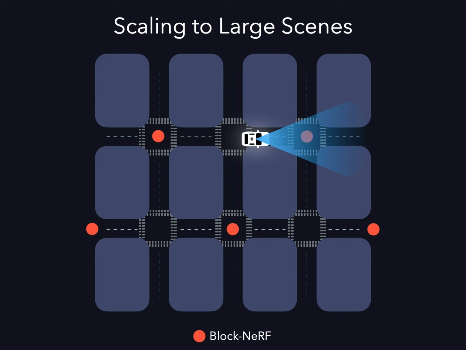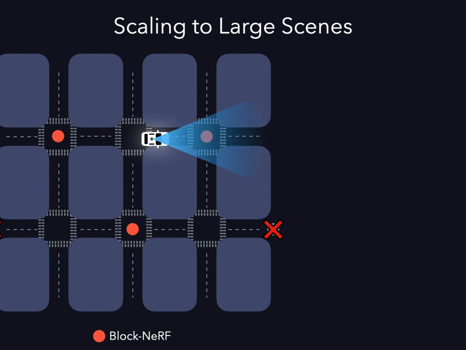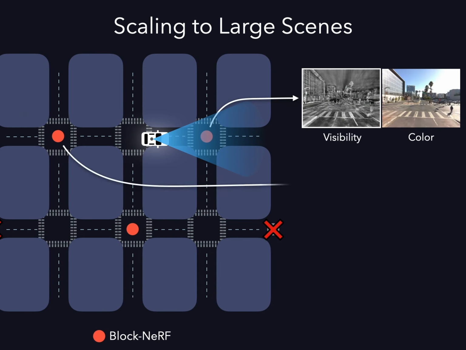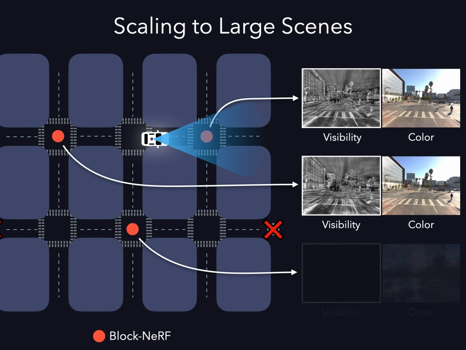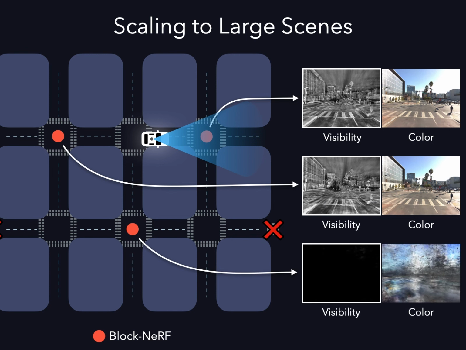Now, if we want to render a new image from this scene, the first thing we're going to do is filter out the block NeRFs that are a certain distance away. And this leaves us with a few remaining block NeRFs. For each of these remaining block NeRFs, we're going to render out their associated color and visibility.